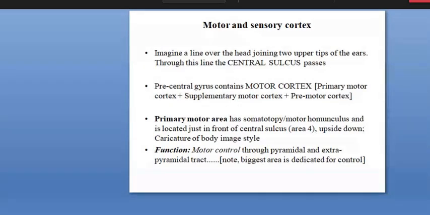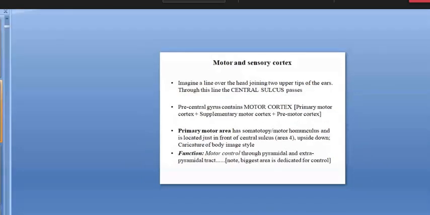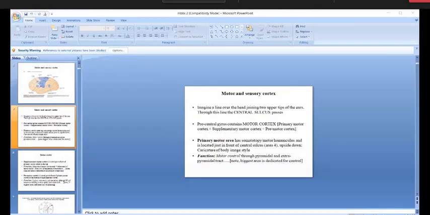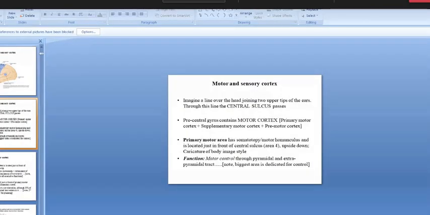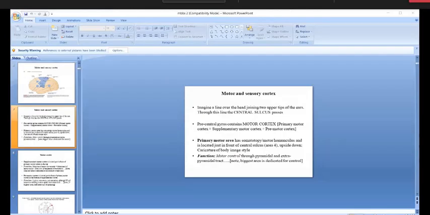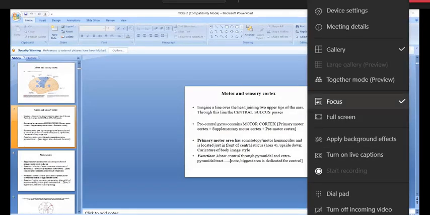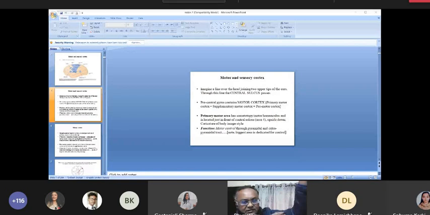So when you are supposed to check the tone, say for the biceps muscle, can you see my biceps muscle? I am showing here. Can you see? Yes, sir. Okay. So if you feel it, you will find it is not so flaccid, and that is called the tone.